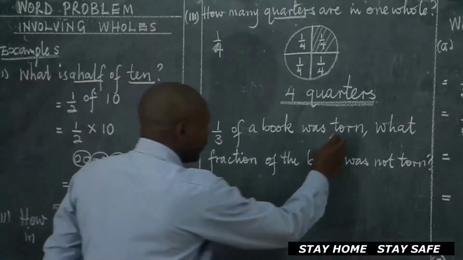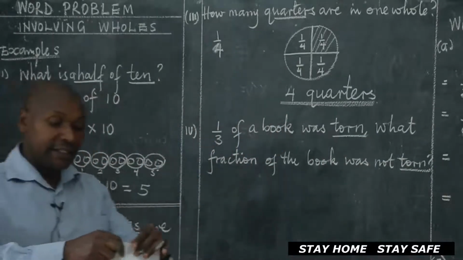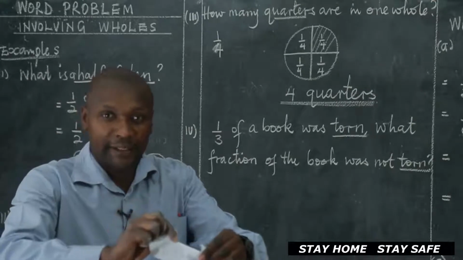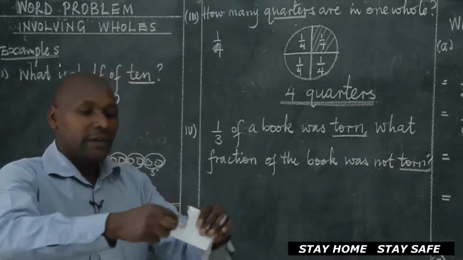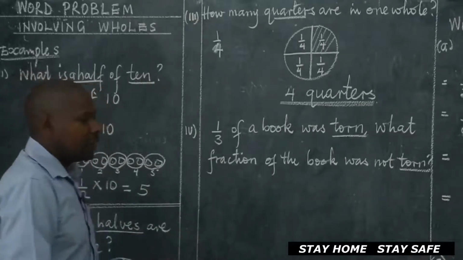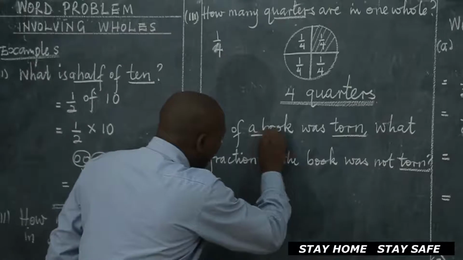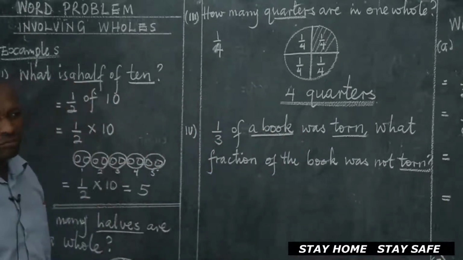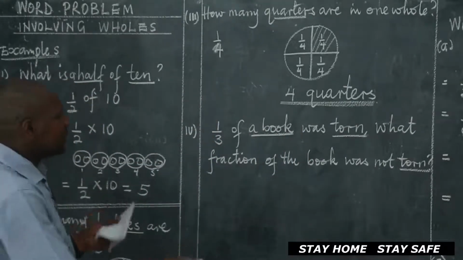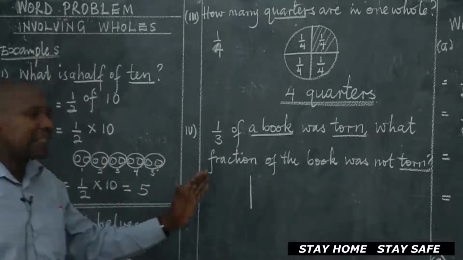Hope you understand when I talk about the word torn. It's like you get this paper, you tear it, okay? So this paper is torn, okay? And we are looking at a whole. Now in this case, what determines a whole is a book, okay? Let's have a whole of this kind to represent a book.